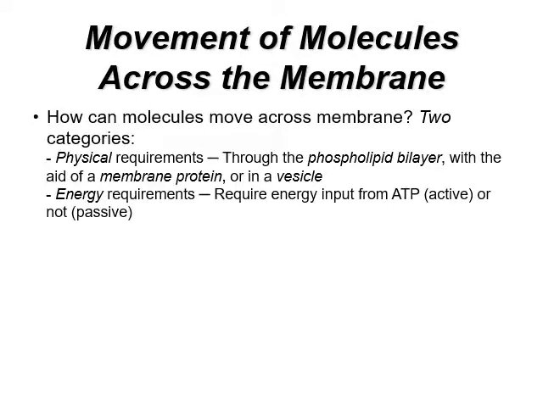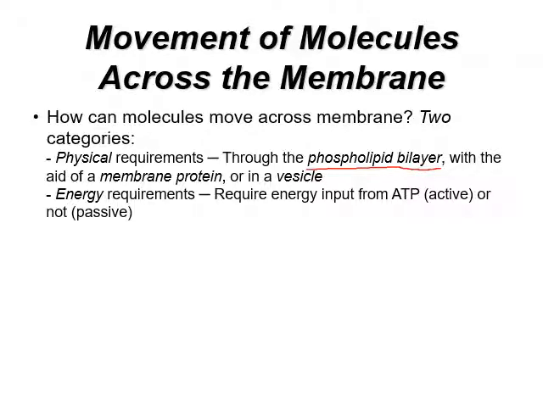So let's look at what kind of controls the movement across the plasma membrane. Okay, there are two requirements. We got physical and energy requirements that are going to control movement across the membrane. Physical requirements, how does it get across? How does it pass through the membrane? Okay, how we've seen with our nonpolar molecules, they can zip right through the phospholipid bilayer.